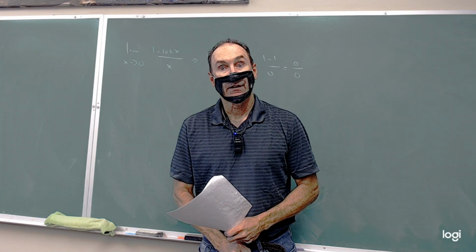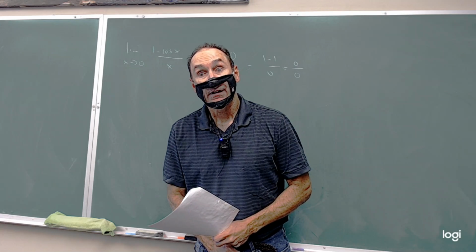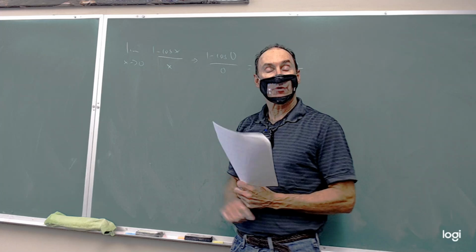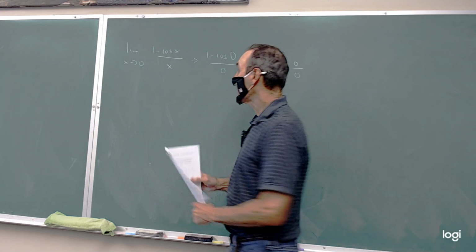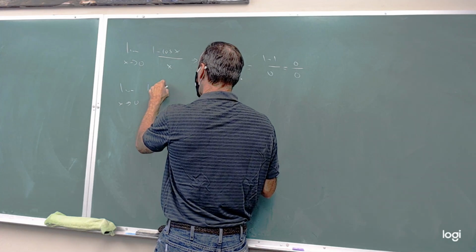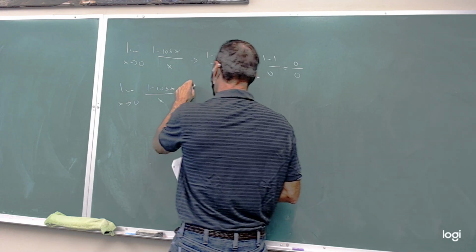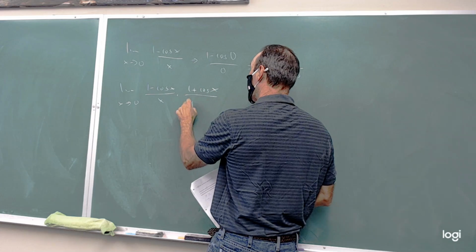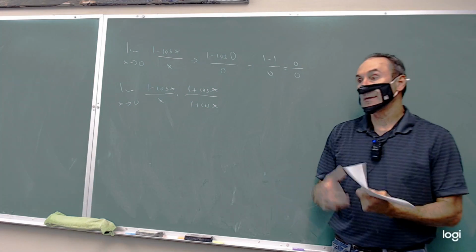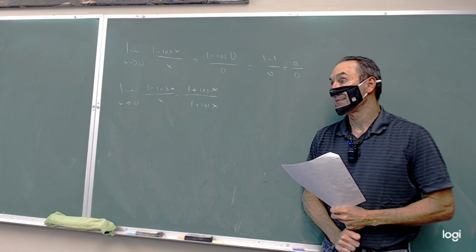Could you multiply it by cosine plus 1? Oh, that's brilliant. We could multiply by what we call the conjugate. That's exactly what we want to do. So we are going to multiply top and bottom by the conjugate of 1 minus cosine x. We want to make that be the difference of two squares.